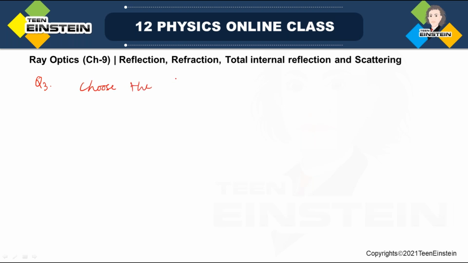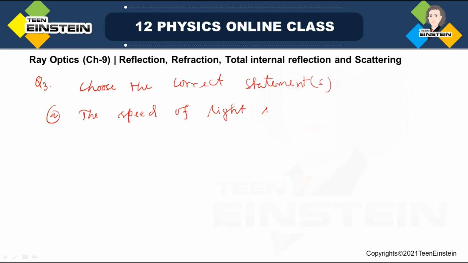First is the speed of light in the metamaterial is V is equal to C modulus of n, where n is actually refractive index. First option.